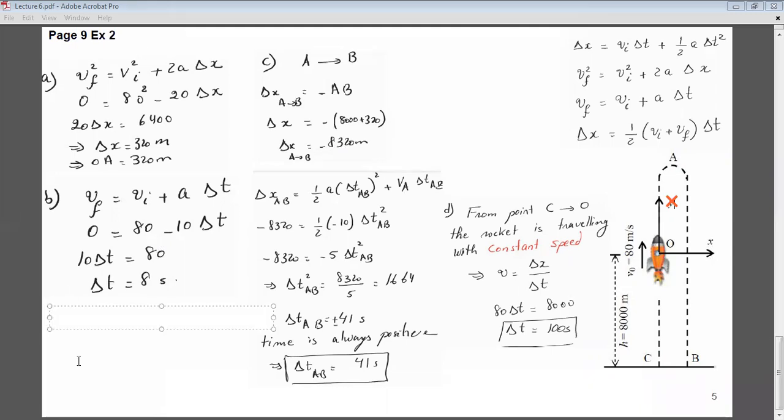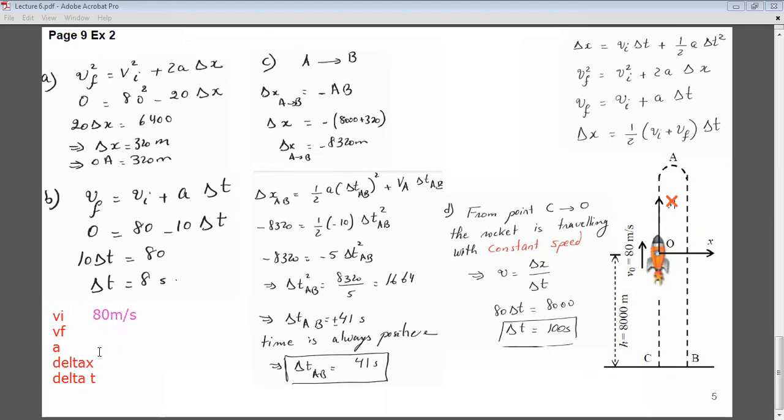So I will put here V initial, V final, acceleration, delta x, delta t. I have the initial. This is V at O. This is 80 meters per second. I have acceleration.